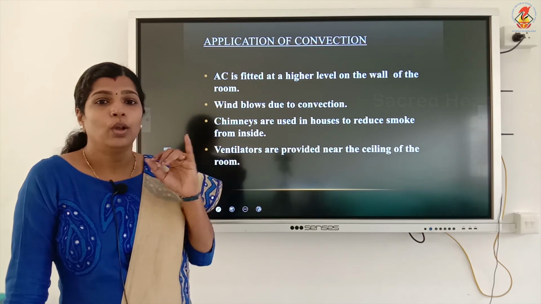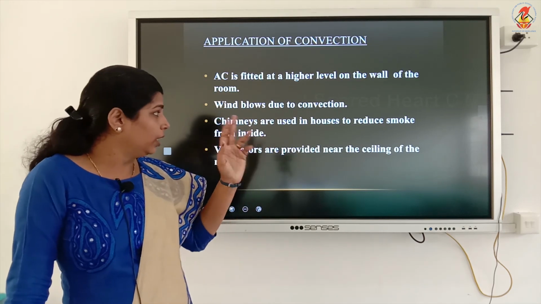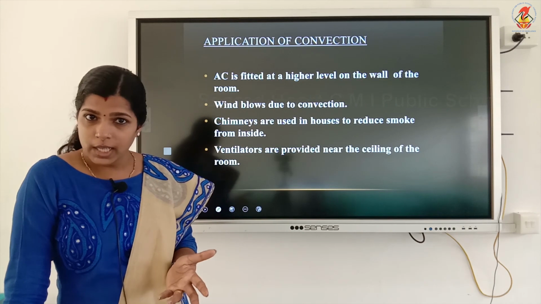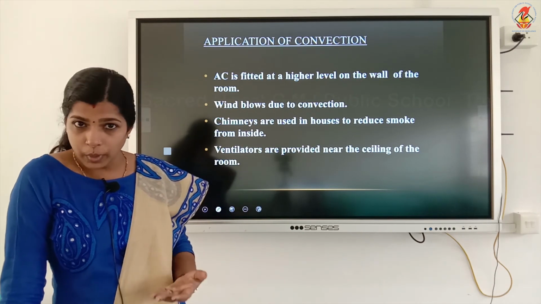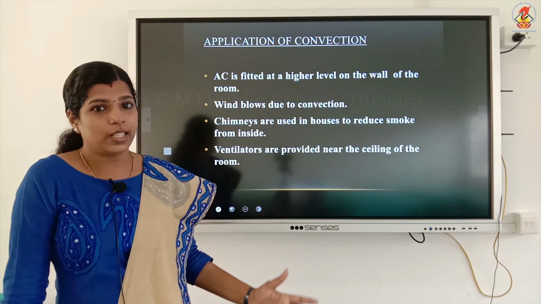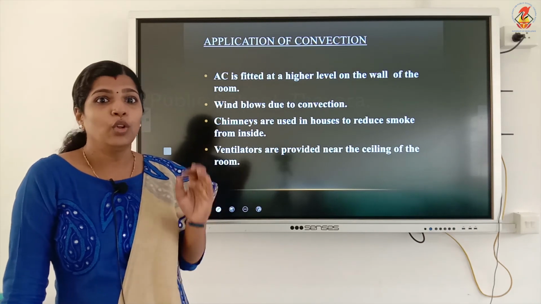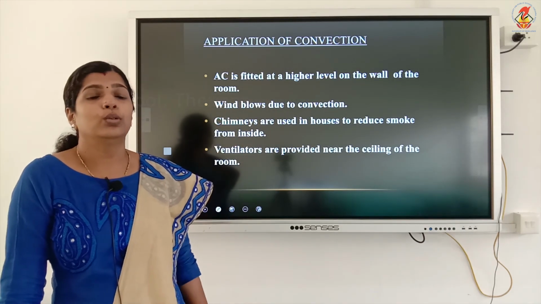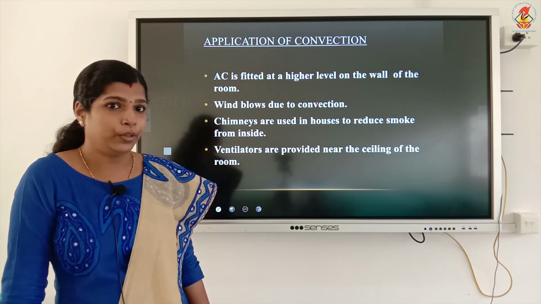Okay. So, ventilators are provided near the ceiling of the room. Hot air is lighter, it will move in the upward direction and it will escape through the ventilators. Cool, fresh air will get into the room through the doors and windows.